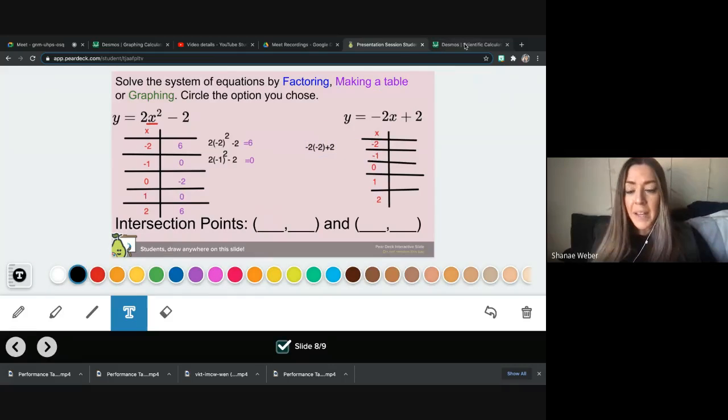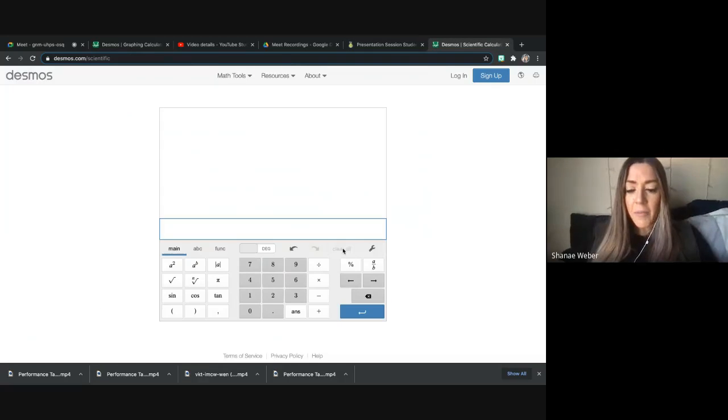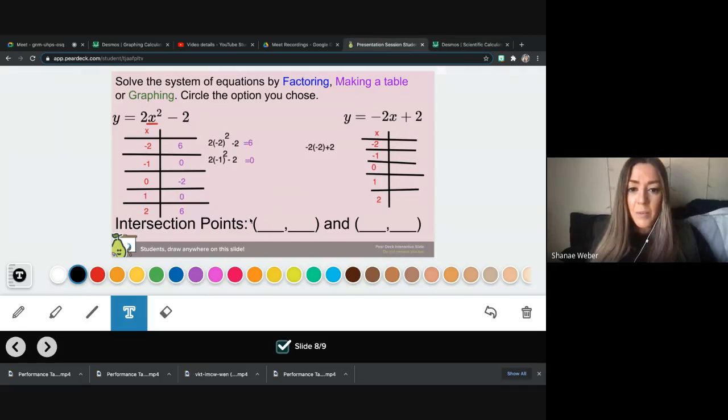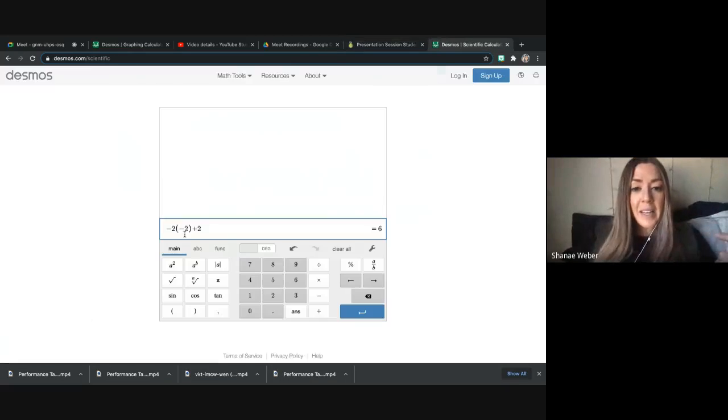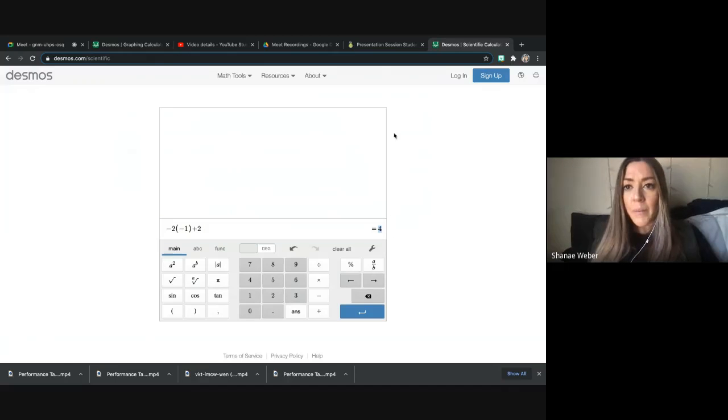I'm going to plug that into my calculator. I'm going to clear all. So I have -2 parenthesis -2 parenthesis plus 2, and I get 6. I'm going to say this equals 6, and then I'm going to write 6 here. And now I'm going to do the same thing for -1, 0, 1, and 2. I'm just going to replace that -2 with -1, and I get 4.